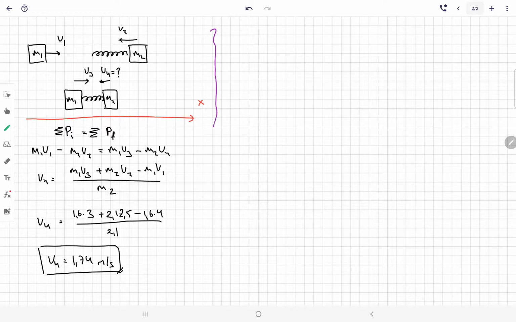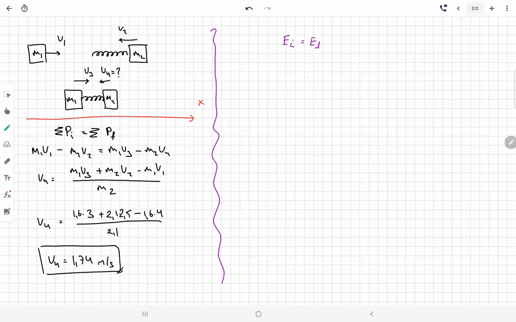And there is a second question. We should find the compression of the spring at this instant. This part we can solve by the conservation of energy. We know that the total initial energy of the system should be equal to the total final energy of the system. Final is the moment when the velocity of the first one is 3 and the second one's velocity is 1.74.